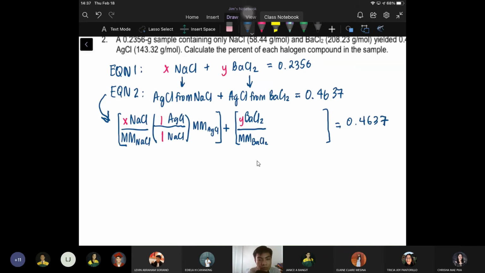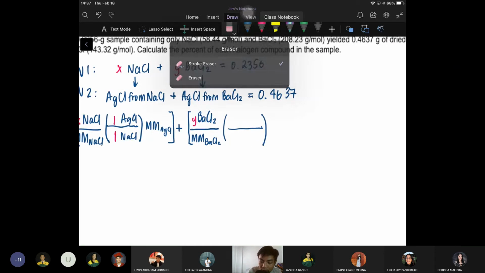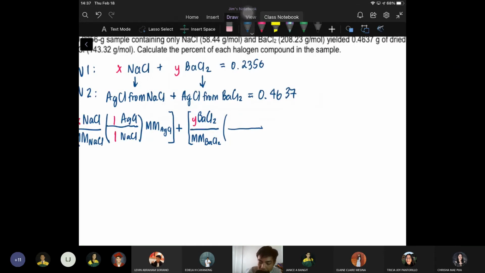Okay? And yung moles ng barium chloride, i-convert to moles of silver chloride, no? Using fraction. Kulang ako ng space. So yung BaCl2 nasa baba, kasi para ma-cancel, AgCl sa taas.